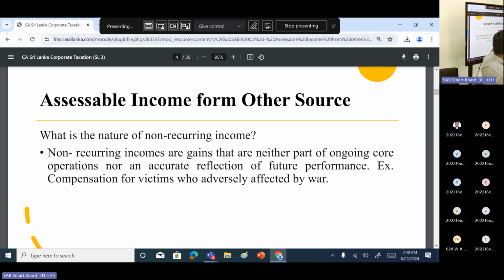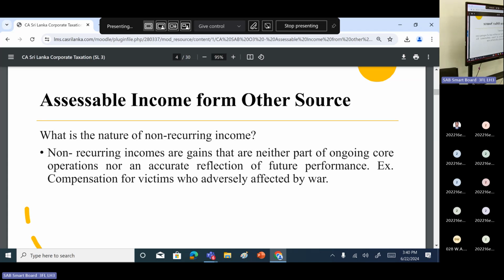Here also it says that if there is no chance of recurrence, that type of thing also does not come under the other sources of income. Anyway, you can see in some cases where a person has done only one transaction, but it doesn't mean there is no chance of recurrence.